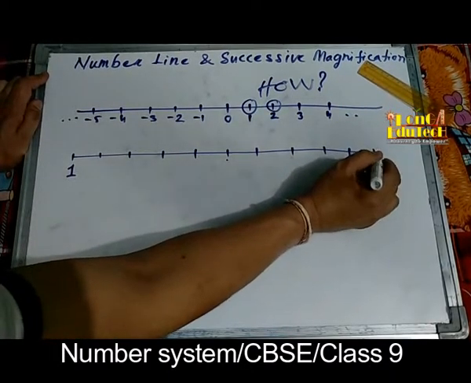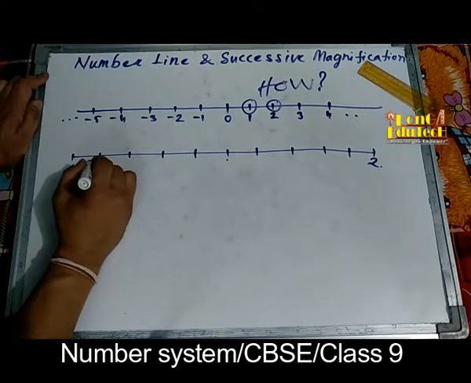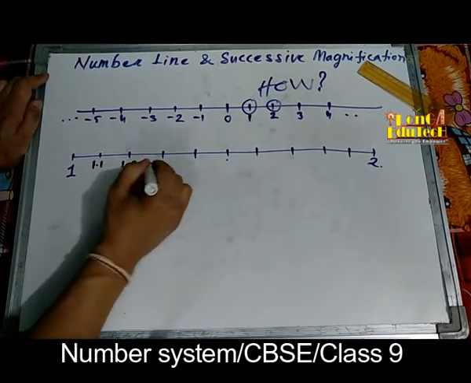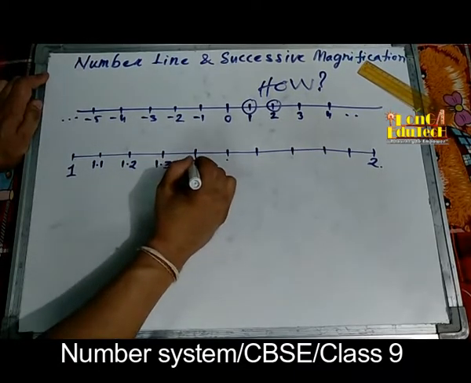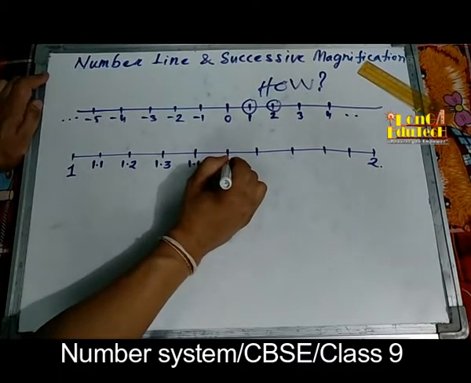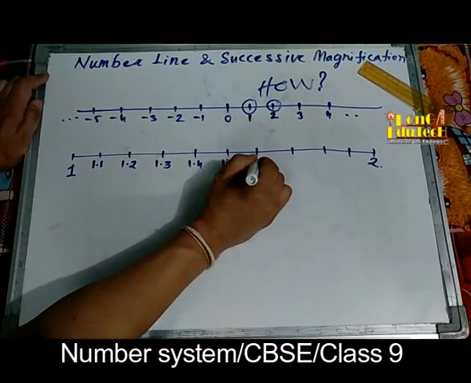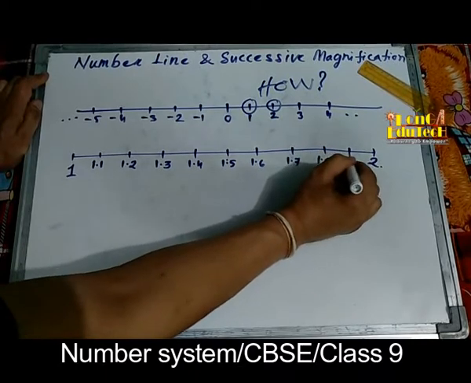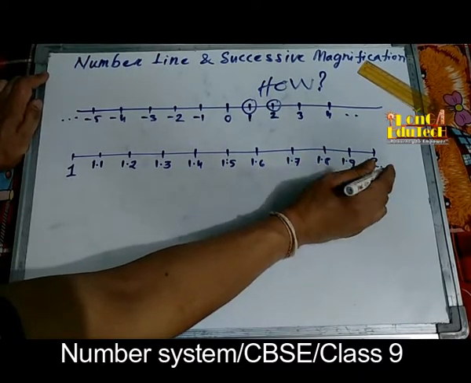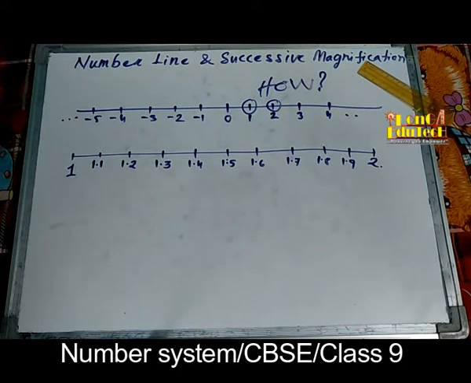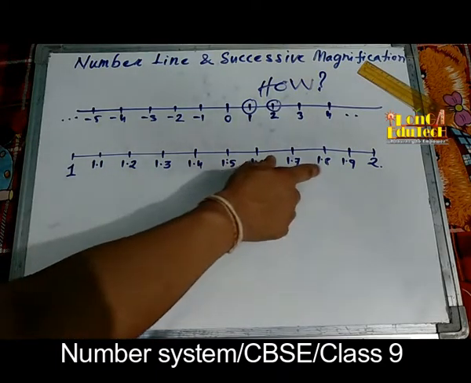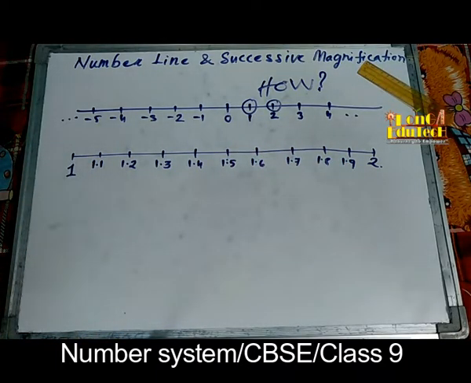Here is 1 and the next number to come is 1.1, next is 1.2, 1.3, 1.4, 1.5, 1.6, 1.7, 1.8, 1.9, and then it comes to 2. So how many are there? 1, 2, 3, 4, 5, 6, 7, 8, 9 numbers, right?